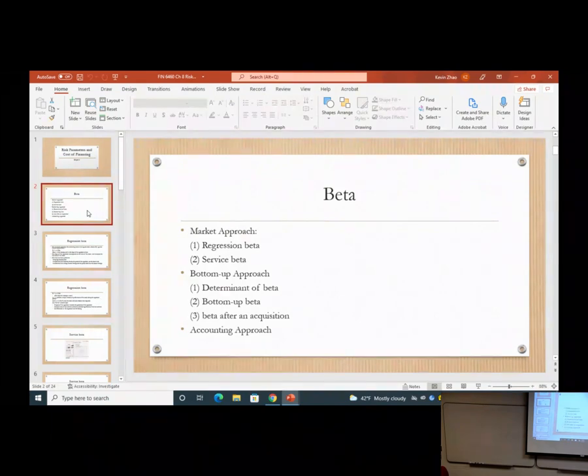So most service betas take that into consideration. It's kind of an improvement upon this regression beta. But anyway, this market approach is based on what happened in the past, trying to forecast what will happen in the future. In some cases, it's not reliable. Why? Because the financial market is like a river. Every time we step in the river, it's the same, but actually it's very different.